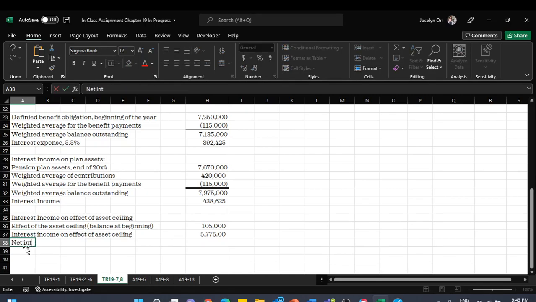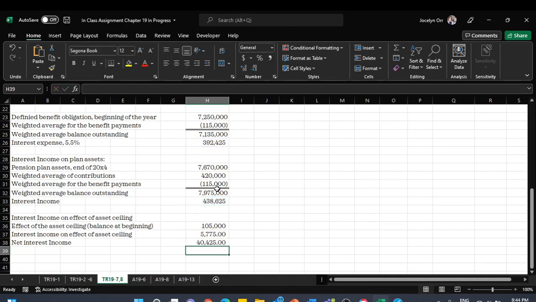Now we can calculate our net interest income. So 438,625, we're going to subtract the effect on our asset ceiling, and we're going to subtract our interest expense, which is going to give us an amount of 40,425.